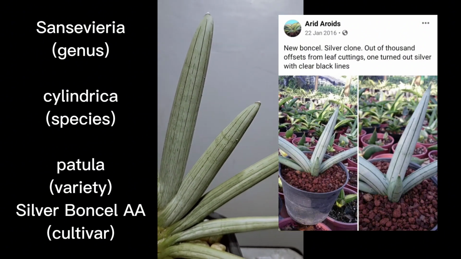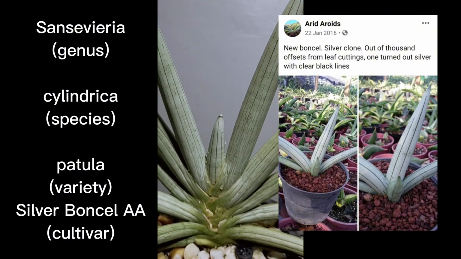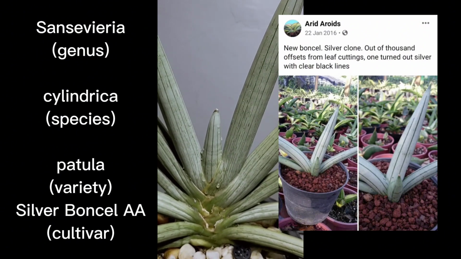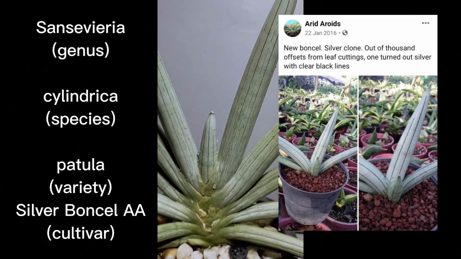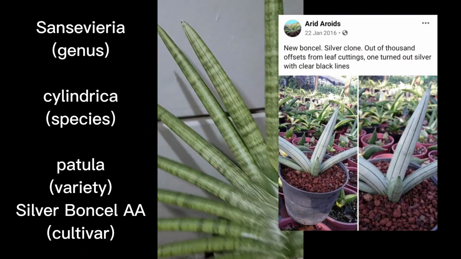patula Boncels. And actually this is very pale in color, and the offsets do not become dark upon reaching maturity. This one is Silver Boncel.